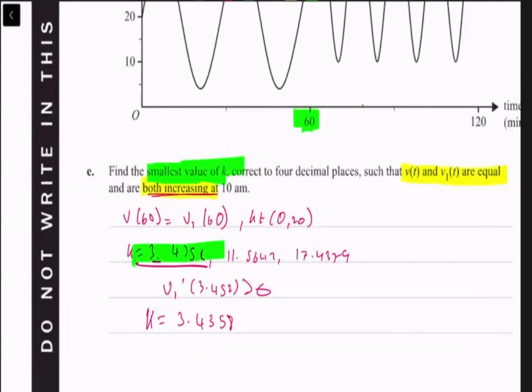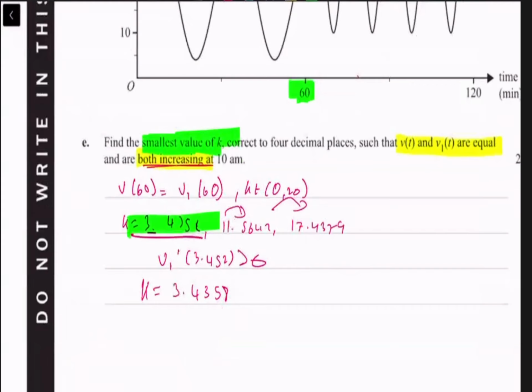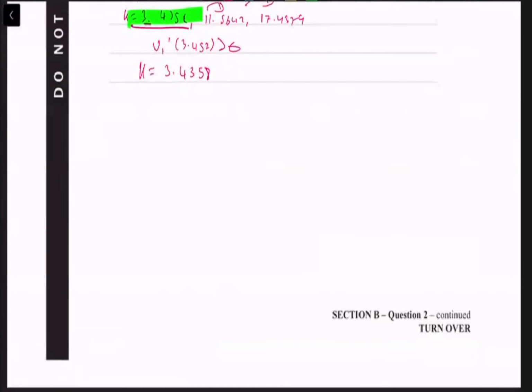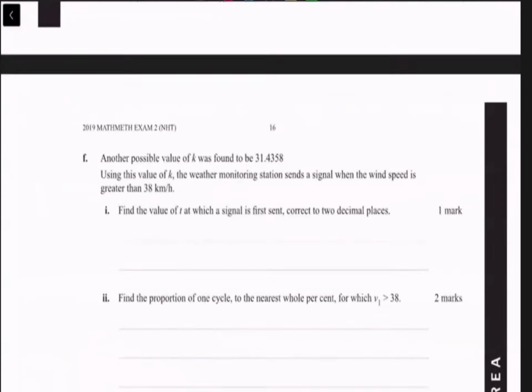But if it weren't, you would have to go to this one, check if it's increasing, and then go to the next one, check if it's increasing. Increasing means that v dash at 60 with that value of k is greater than 0. So just check that and find the smallest, for which both conditions are true.